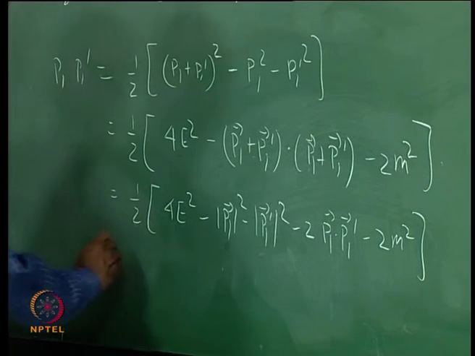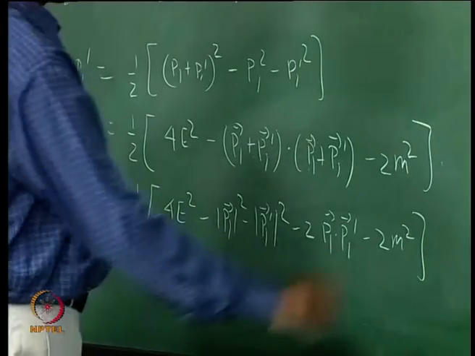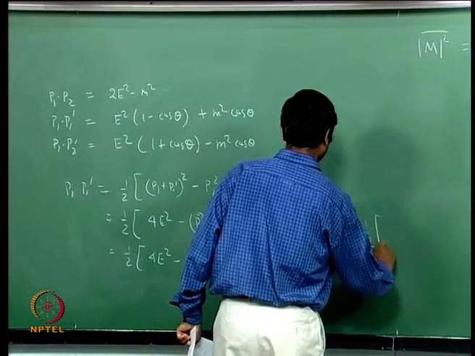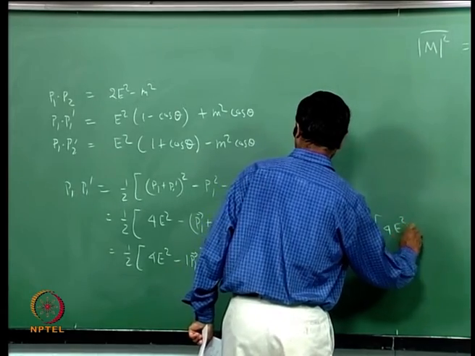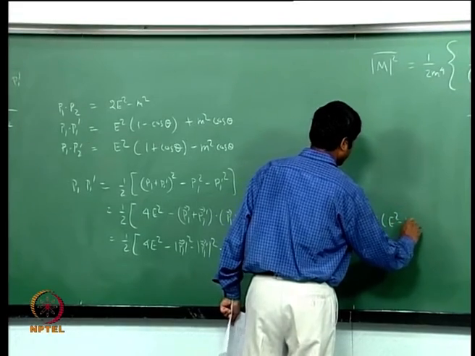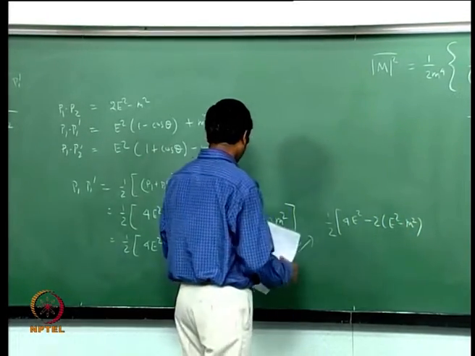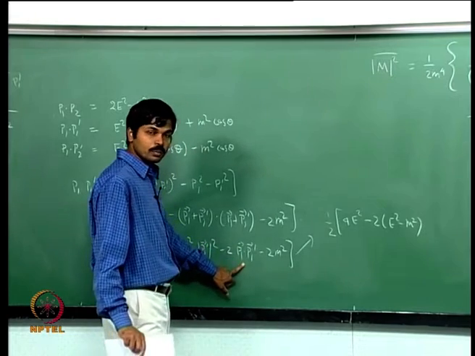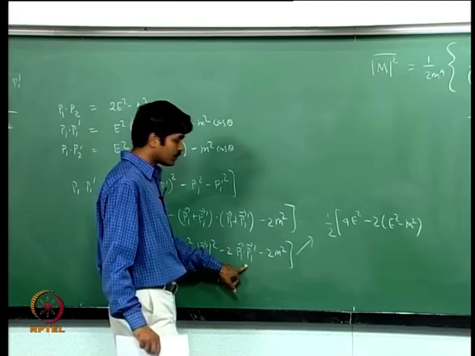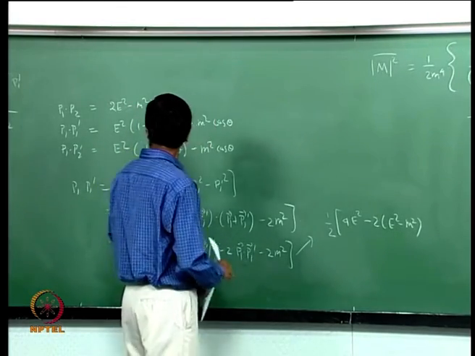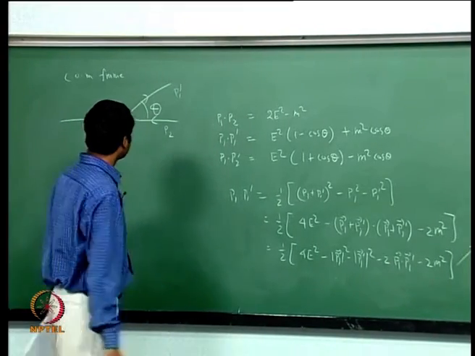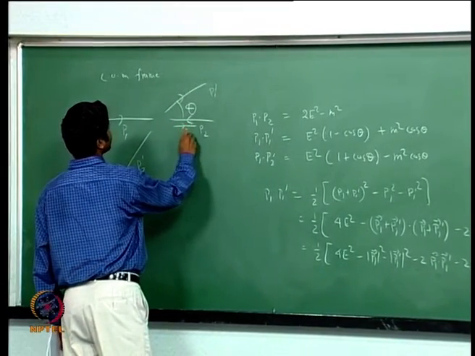So, this will give me half of 4 E square minus twice E square minus m square, and what is this P1 dot P1 prime? This is the direction of P1, right?